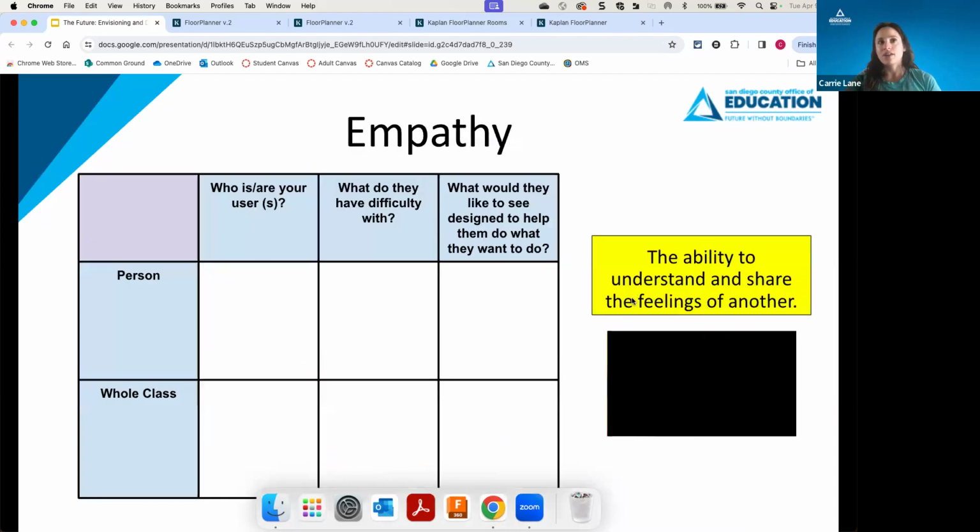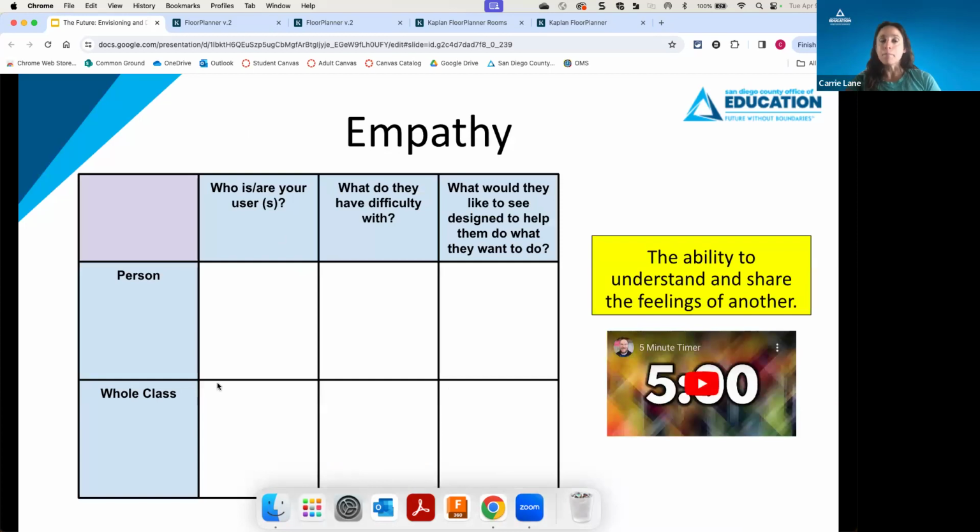Today, we're not going to actually interview anyone. But I'm going to leave up this chart and I'm going to turn off my camera and mute myself for 5 minutes. I just want you to start thinking about either one student in your classroom or your whole class, maybe a group of students. Who are they? What do they have difficulty with?